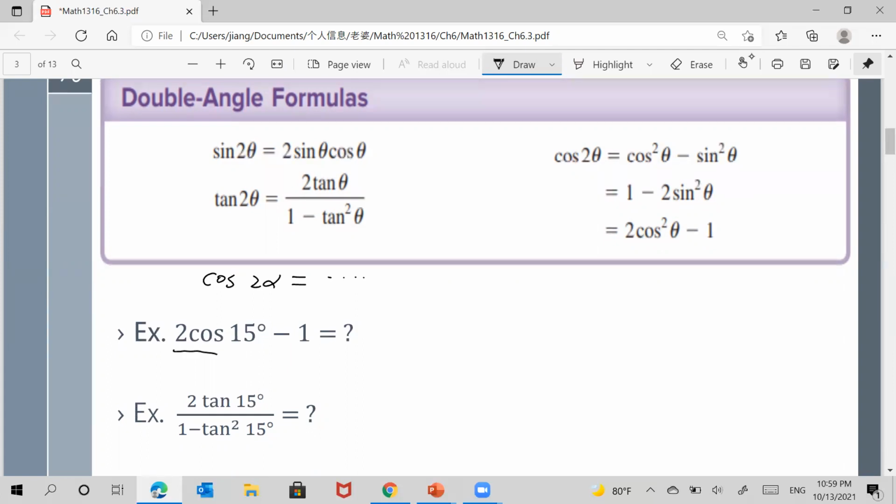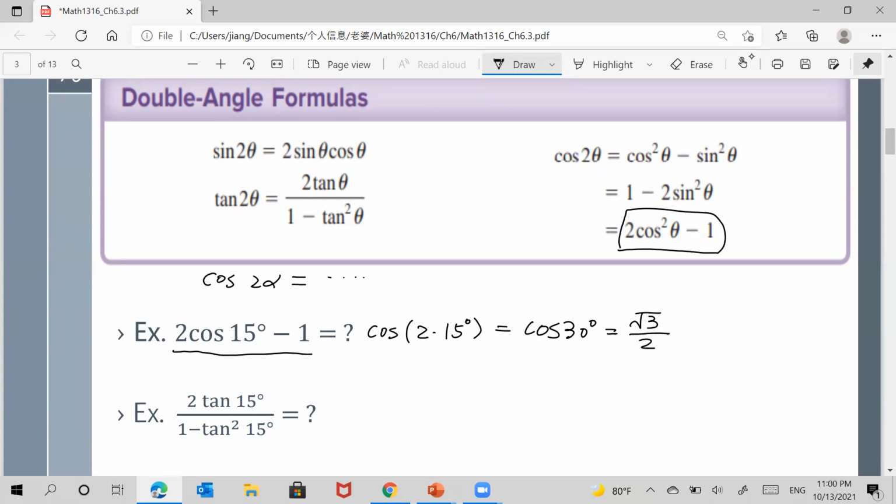Look at this term and this term. They are the same because we just assume theta equals 15 degrees. So that equals cosine 2 theta, which is cosine 2 times 15 degrees. That's cosine 30 degrees, which is square root 3 over 2.